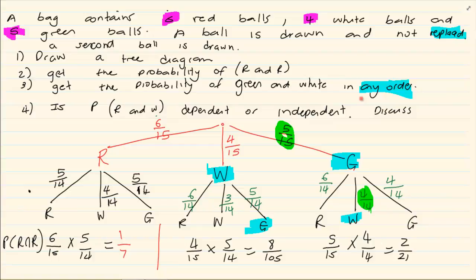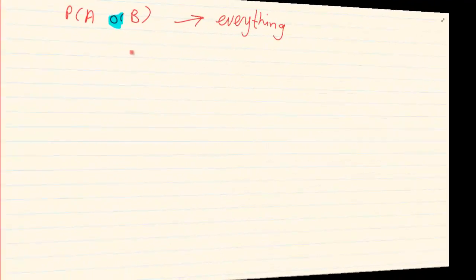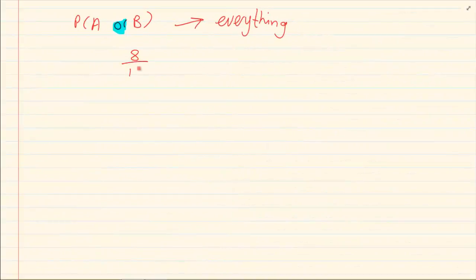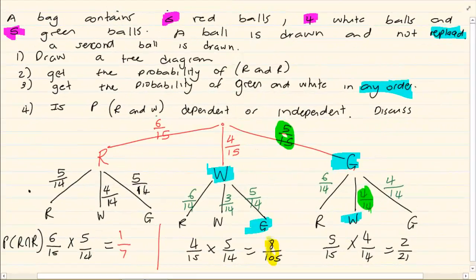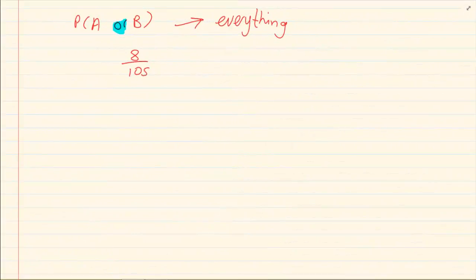So what I'm going to do is I'm going to add the options. So I had 8 over 105 plus 2 over 21. So my final answer would be 8 over 105 plus 2 over 21.